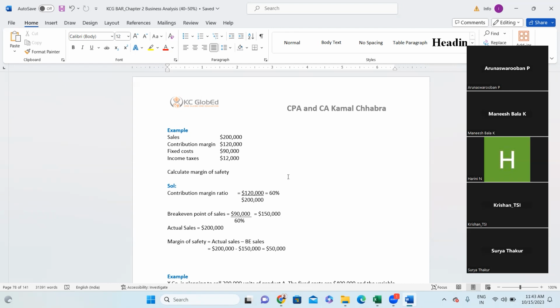So break even sales is $150,000 and actual sales is $200,000. So the margin of safety in terms of sales is 200 minus 150. Make sense?